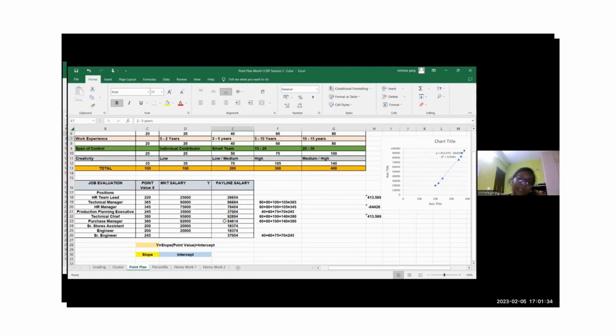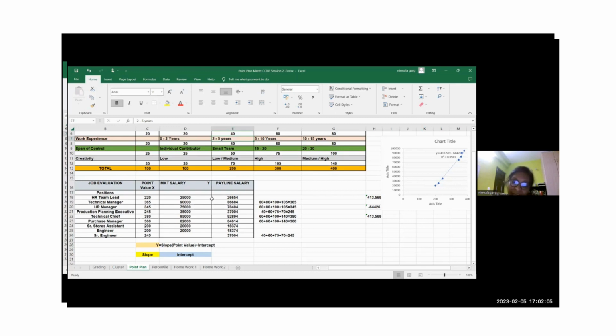So what happens typically is one option: you can't have absolute values, right? You have to create a range. I can create a range by adding plus minus 10% for low positions, plus minus maybe 20 to 25% for middle positions, and plus minus 30 to 35% for higher positions.